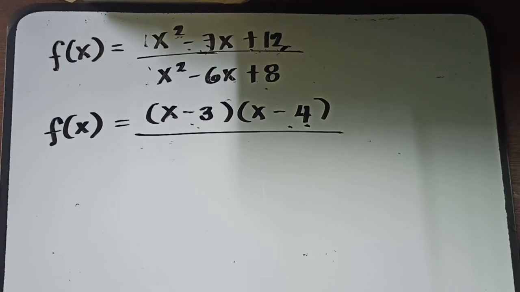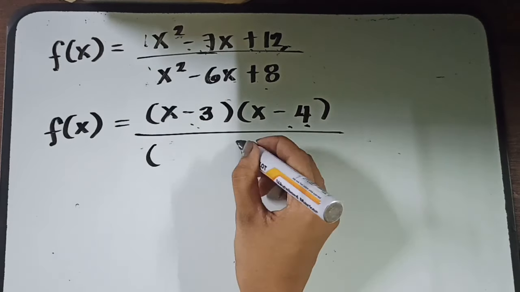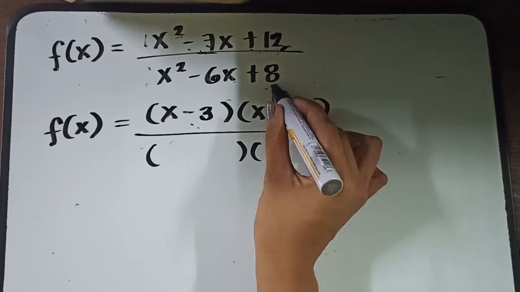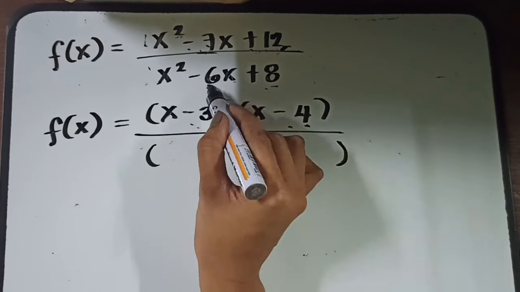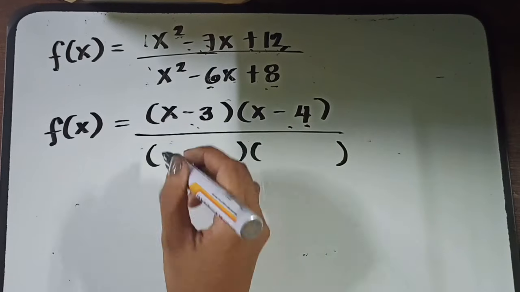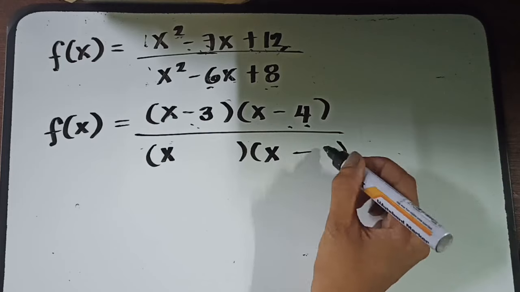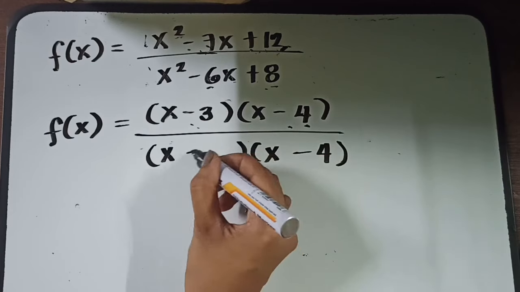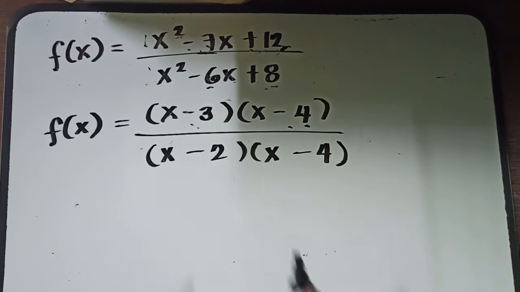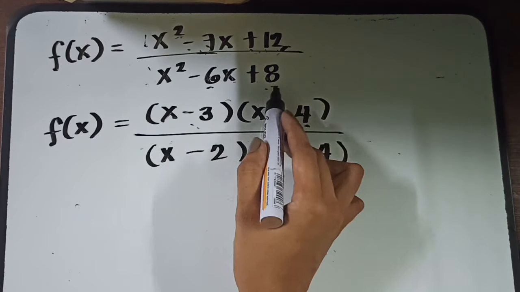Okay, so next, yung denominator natin is factorable. Mag-isip ulit ng dalawang number na kapag pinag-multiply, ang sagot naman ay 8, at kapag pinag-add, ang sagot ay yung second term or negative 6. Okay, so that is negative 4 and negative 2. So, negative 4 multiplied by negative 2 is positive 8.